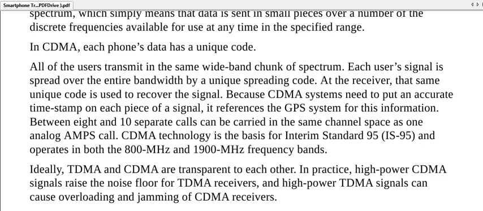Because CDMA systems need to put an accurate time stamp on each piece of a signal, it references the GPS system for this information.